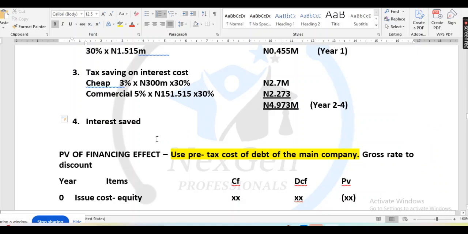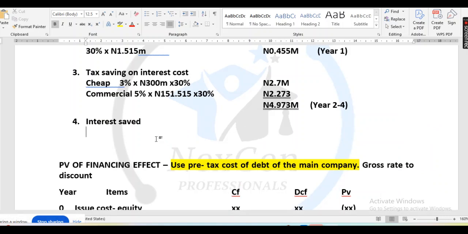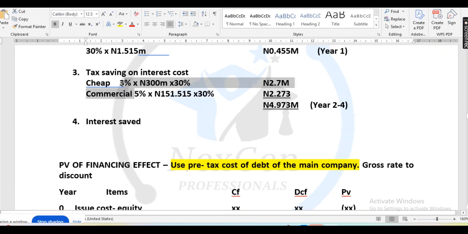Okay. Interest saved, class. The question now is, did they actually save any interest? Yes. Because there is a commercial rate of 5%. There is a subsidized loan or a cheap loan of 3%. Class, how many percent did I save?